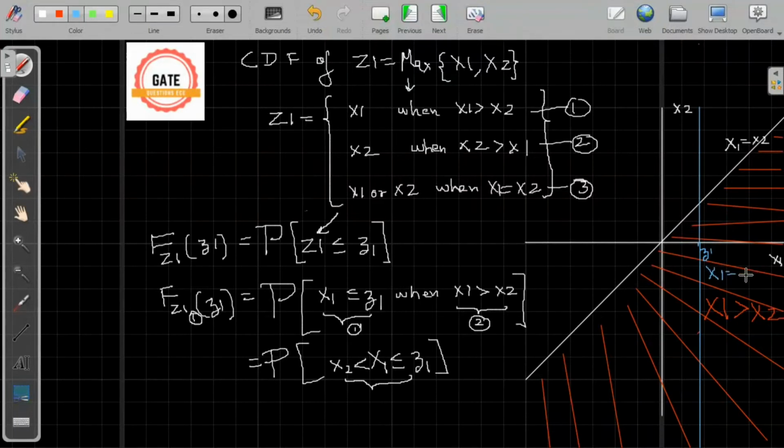So here x1 will be equal to the sample value z1. This region specifies that random variable x1 can have any value below or equal to z1. So the region lying on this line or to the left of this line is the region specified by this equation. So I'm going to draw it now. So it is this region.